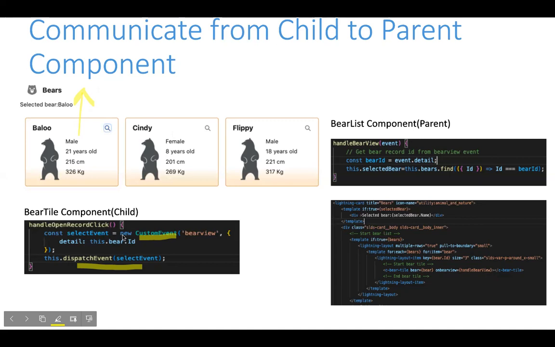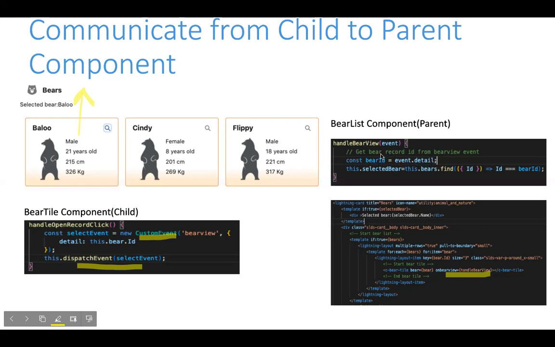Now we want to retrieve this bear ID in the parent component. In the parent component, we have an event handler, handleBearView. Inside this event handler, we receive the data using event.detail.